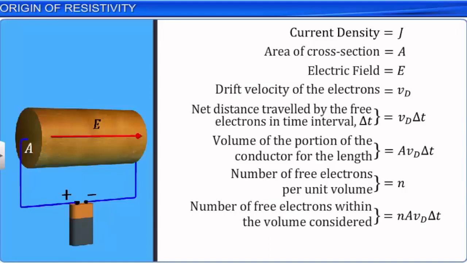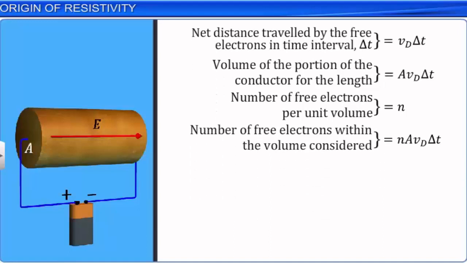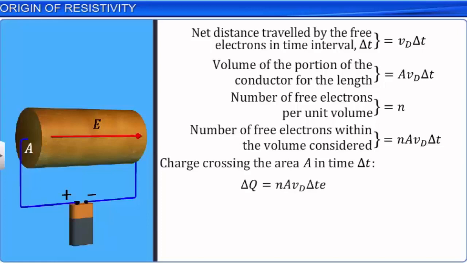All these free electrons cross the area in time delta t. Hence, the charge crossing the area A in time delta t is given by delta Q is equal to n A Vd e delta t. Let this be equation 7.